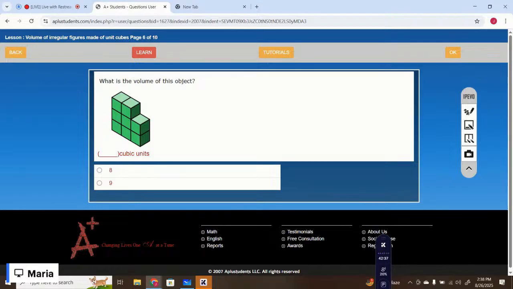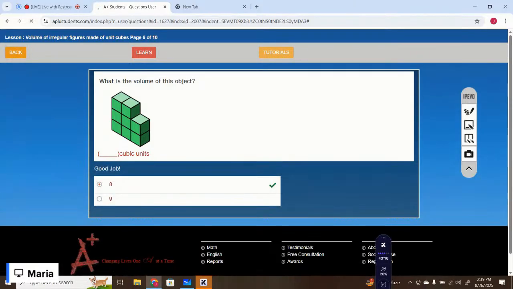What is the volume? Eight it is. Option number 1 is the correct option.